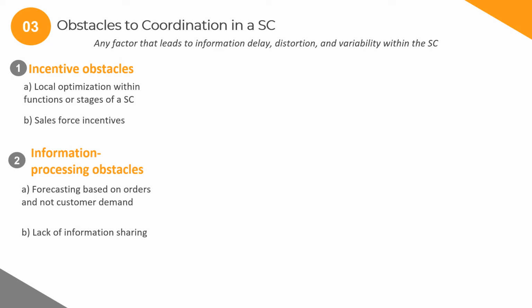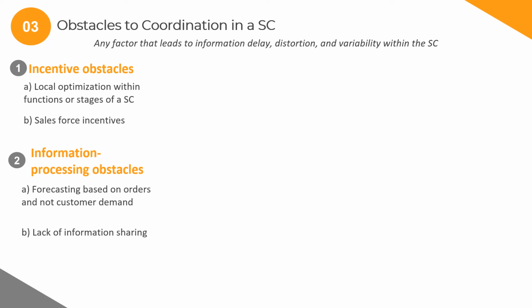And then the second type is information processing obstacles, which occur when demand information is distorted as it moves between different stages of the supply chain. The first cause is forecasting based on orders and not customer demand, and the second is the lack of information sharing between supply chain stages.